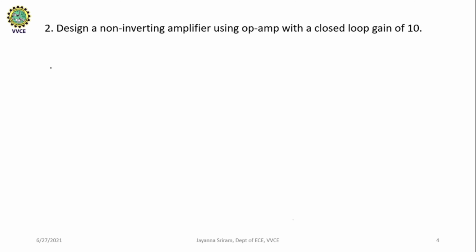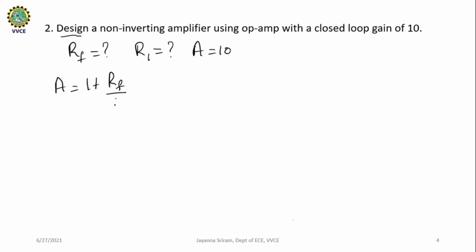Let us consider another example. Design a non-inverting amplifier using op-amp with a closed loop gain of 10. As I said, if they ask to design, you need to calculate the value of the feedback resistance as well as the input resistance R1. They have given the gain as 10. You know the gain equation for a non-inverting amplifier is given by A equals 1 plus Rf divided by R1.